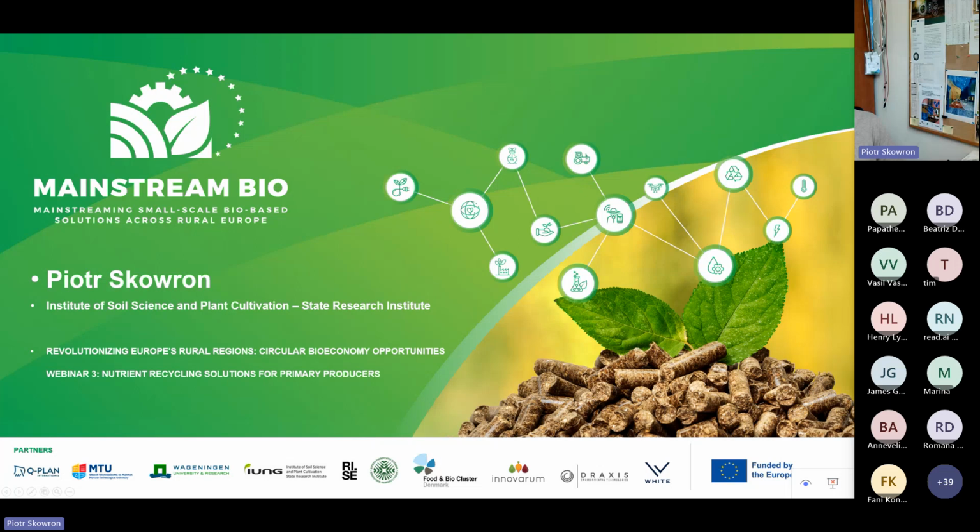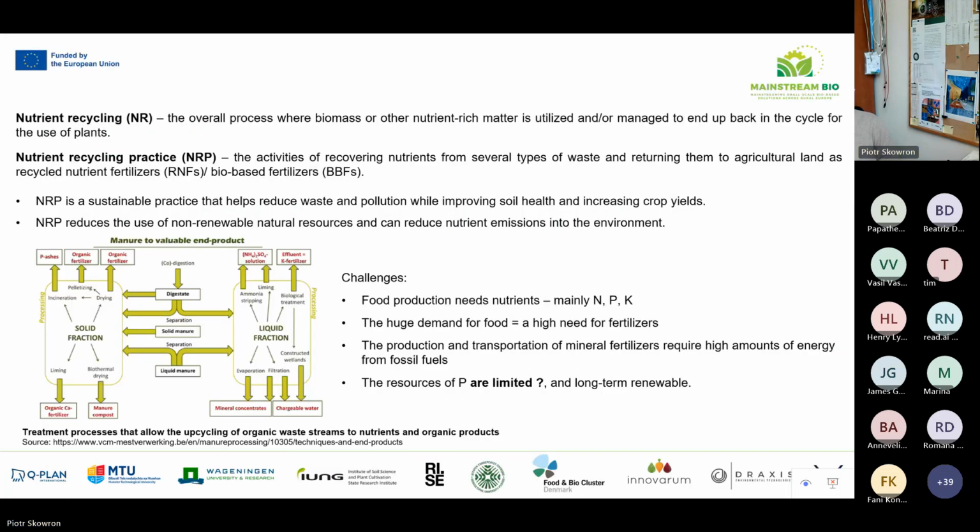Let's start from the first slide. At the beginning, I'd like to present a few definitions of what nutrient recycling is. It's an overall process where a biomass of nutrient-rich matter is utilized and managed to end back in the cycle of the use of plants.